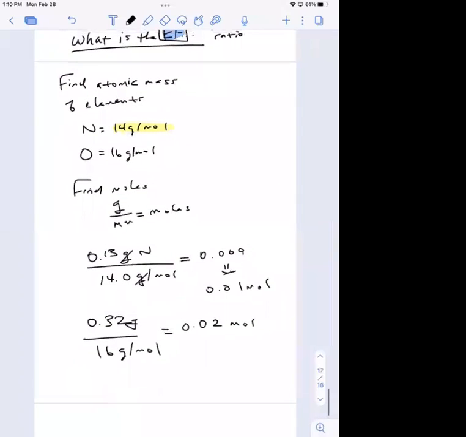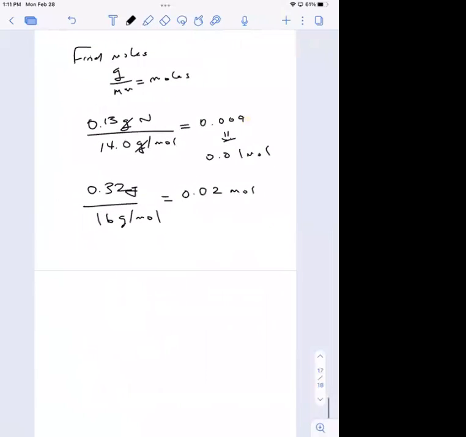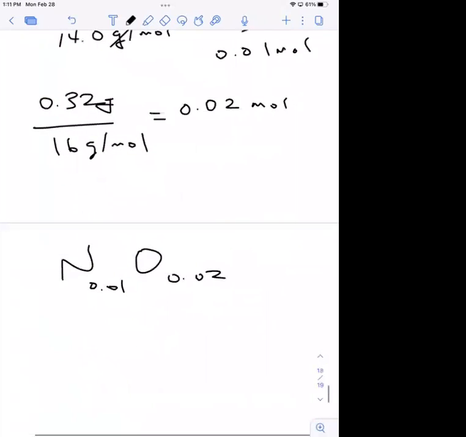So we found the moles using the given mass and the atomic mass of each element. So now we can write this like this, and we'll put those mole numbers down here. Is that right? Wouldn't you divide both by the lowest number of moles we can get? Yes, sir, you would. That's exactly right.